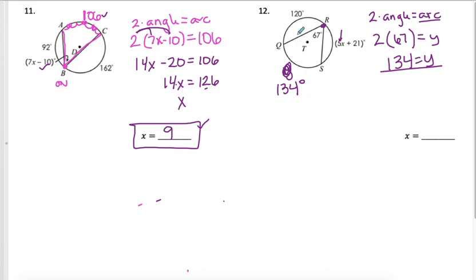And if we go all the way around the circle, we know that 134 plus 120 plus this arc that we're looking for should be 360. So I'm going to solve this a little bit down here. We know 134 plus 120 plus the arc that we have, 5x plus 21, should all add up to complete the circle, 360.